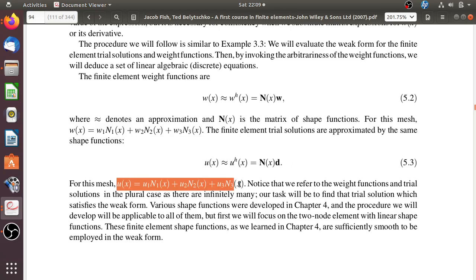Okay, so u1 into n1 plus u2 into n2 plus u3 into n3. So that's our solution. So this is how we need to solve a given PDE using the finite element method. Okay, thank you.